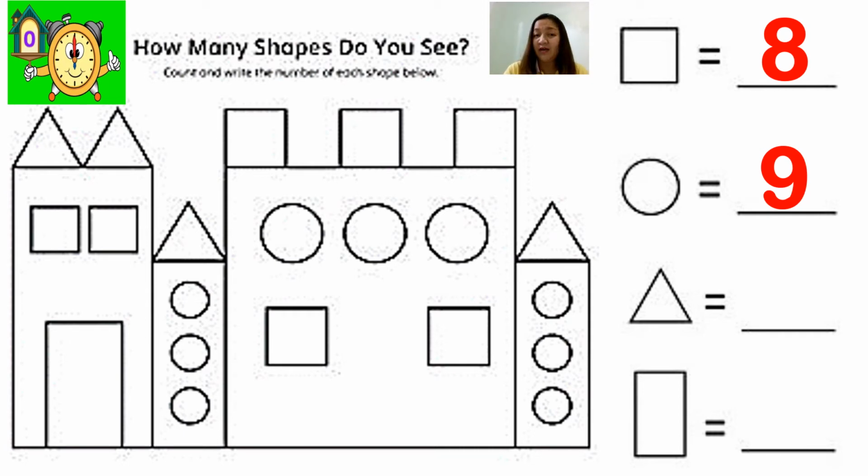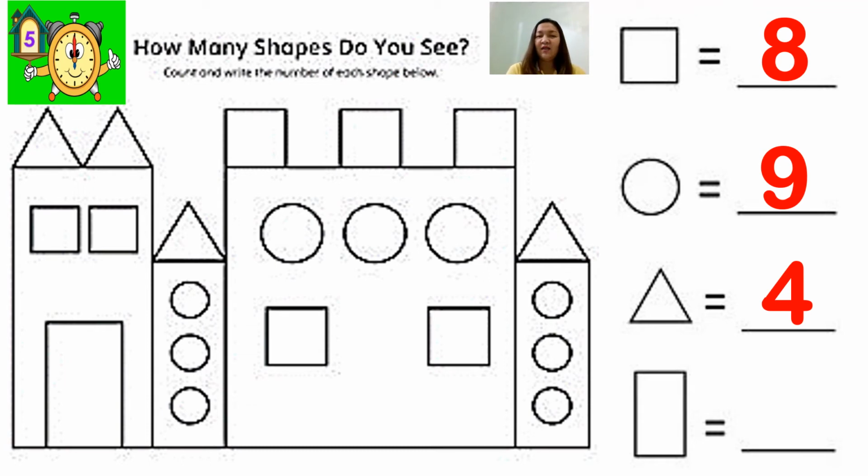Next, how many triangles are there? Let's count. 1, 2, 3, 4. There are 4 triangles.